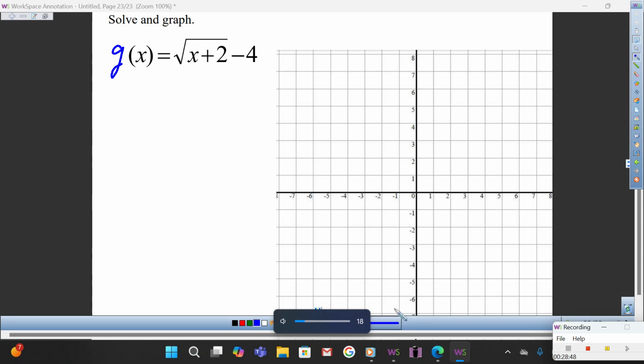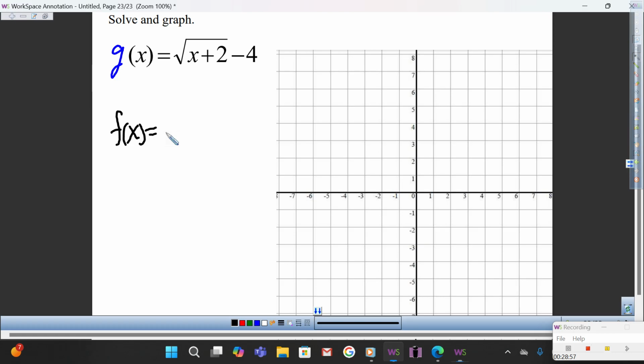All right. Everybody got it? All right, I'm going to have Noah get us started with this one. What did you do first, Noah? You wrote down f of x equals what?